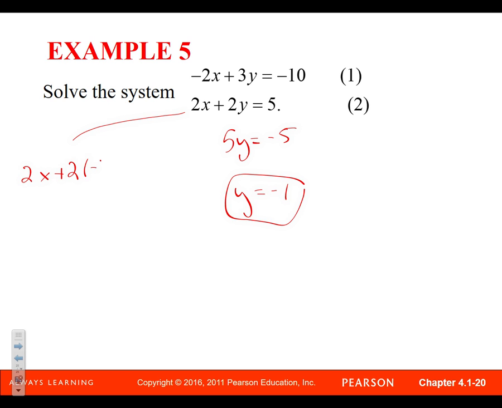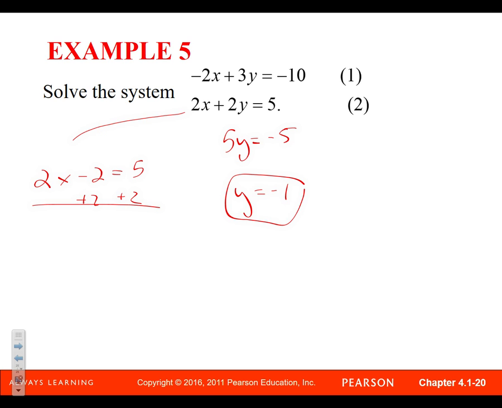Okay, that's going to be negative 3, so I'm going to add 3 to both sides. What are you talking about, Willis? That's not right at all. 2x minus 2 is equal to 5. Plus 2, plus 2.